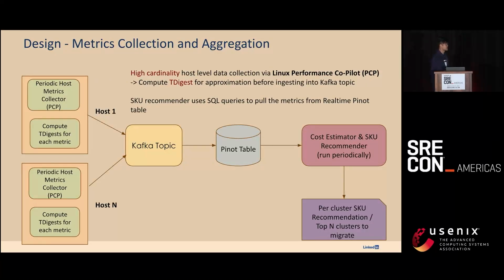Okay, so to make this process really automated, we built this nice workflow around the Pinot ecosystem. The really challenging part here is that because we're collecting the metrics at very high frequency, 50 milliseconds, and we have such a large fleet size, the data itself can be very large.